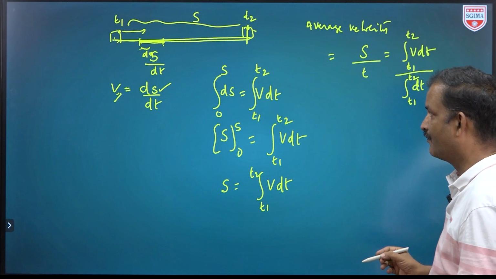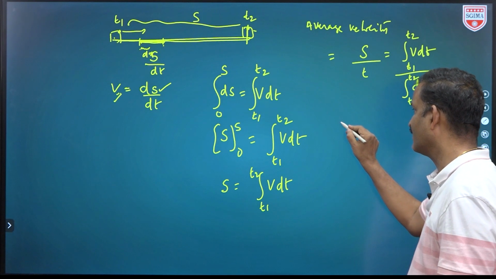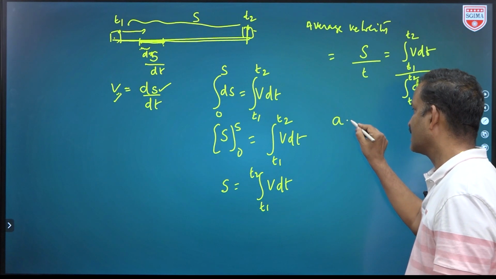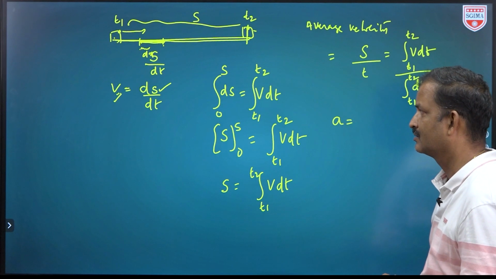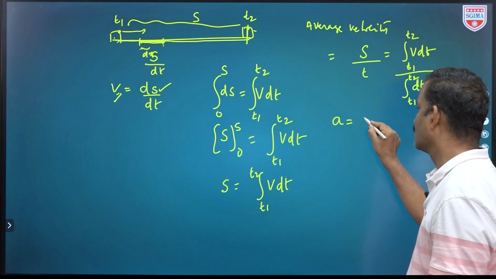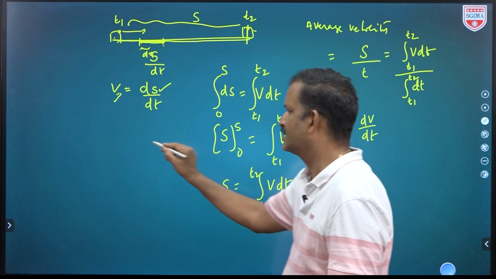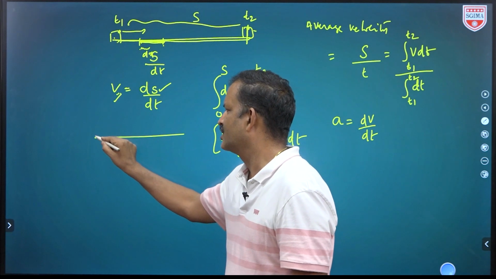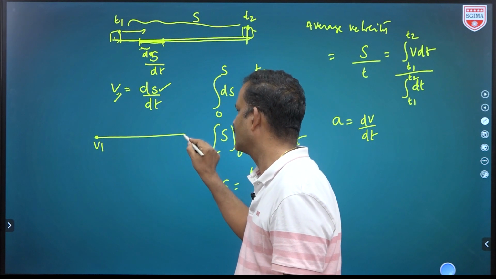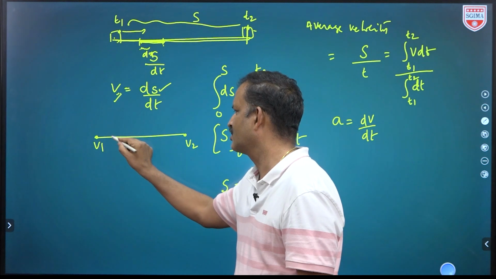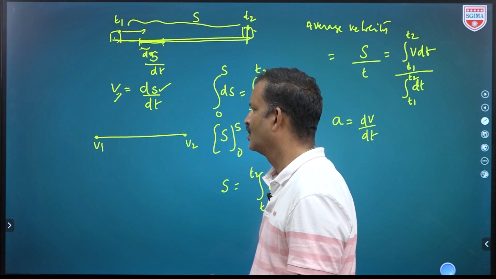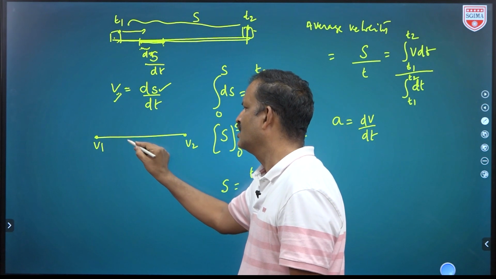Similarly, if velocity is given, to find out instantaneous acceleration, a is equal to dv by dt. For example, the body is moving from this point, here velocity is v1, here velocity is v2. Suppose velocity is gradually increasing.